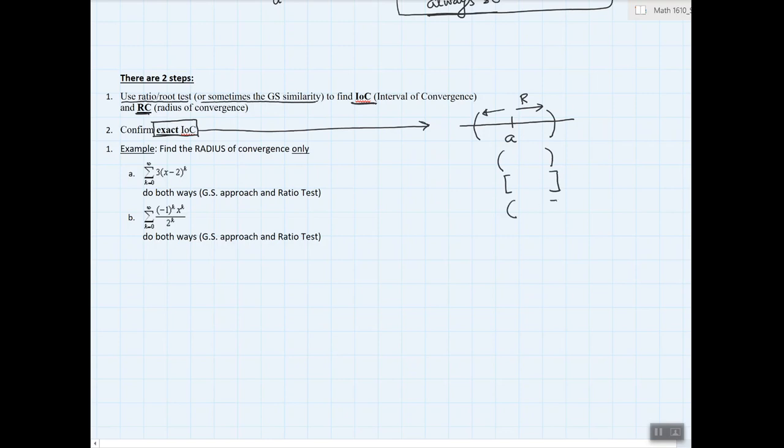It could be like this, or for that matter it could be like this. So whenever you have an interval, there are 4 possibilities, so we have to figure out which one. In other words, we would have to test at the endpoints of the interval.